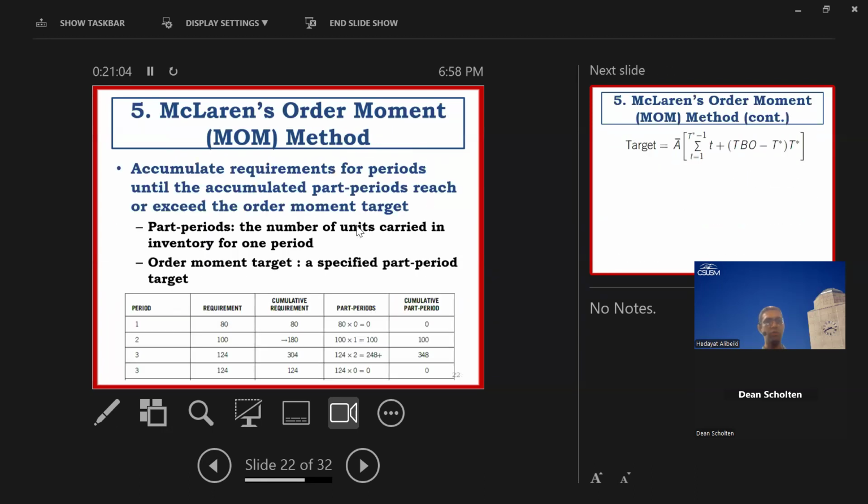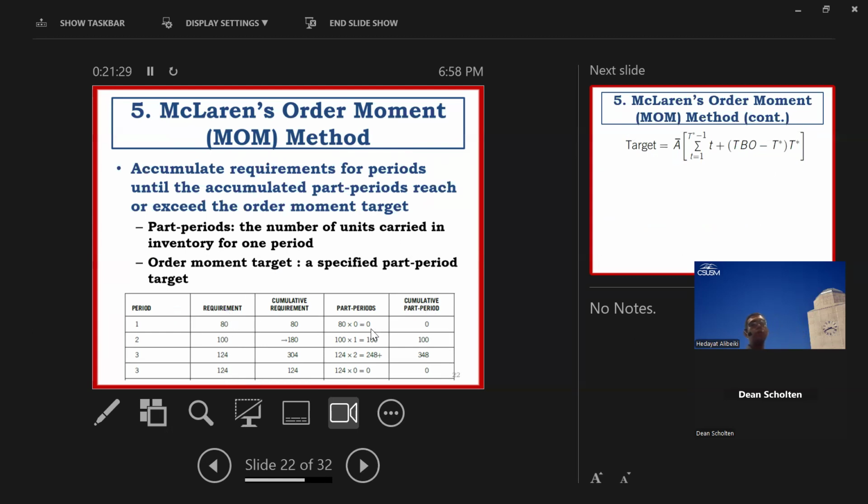Let me actually show you, go back here. We calculated part periods, the units that go into stock and are kept in stock. So if we have net requirements of 80, 100, and 124 in periods 1, 2, 3.